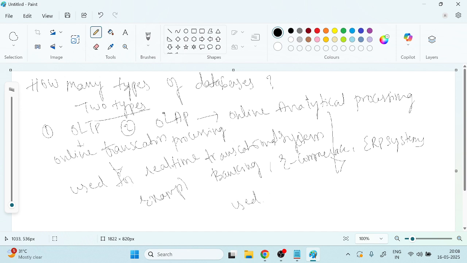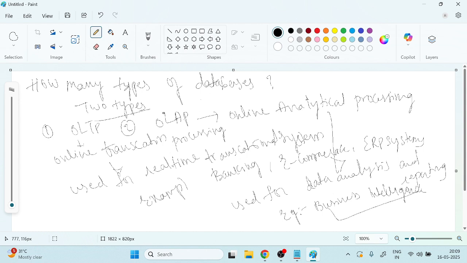It is used for data analysis, only data analysis, how the data is going on. So online analysis or reporting happens. Okay, online analytics and reports. For example, business intelligence reports.